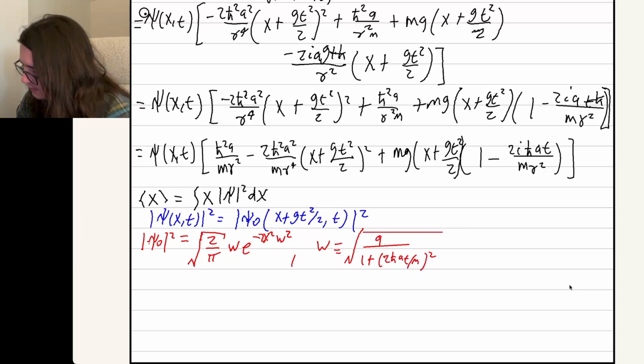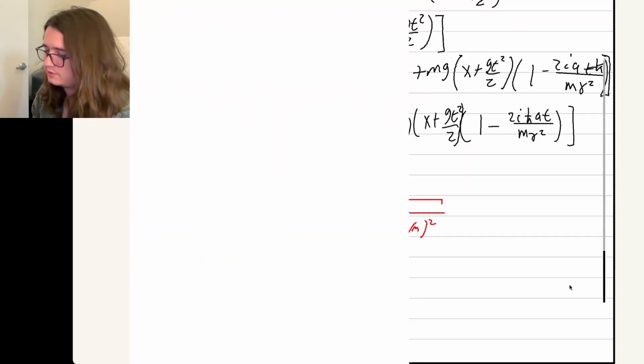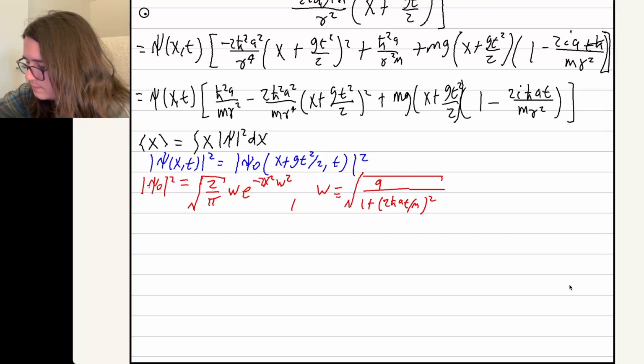Right. So all we have to do for our wave function is plug x plus gt squared over 2 into x in that equation.